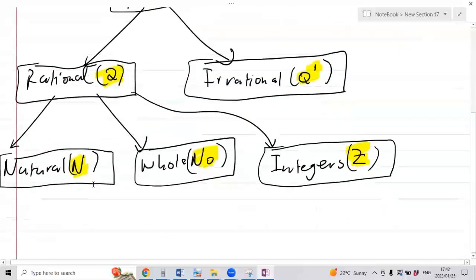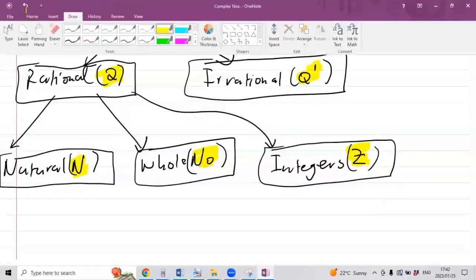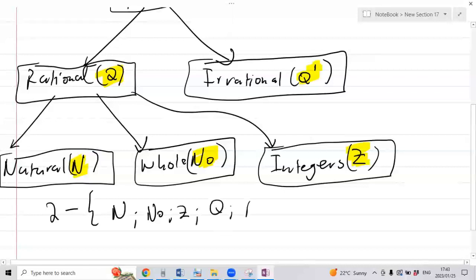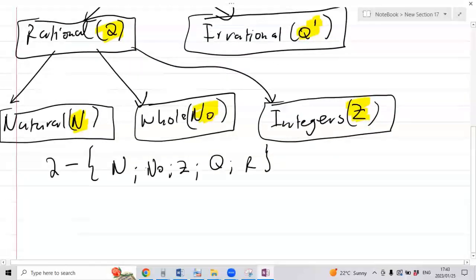So if you have a number like 2, for example, 2 would fall into the following categories. It's a natural number, it's a whole number, it's also an integer, and it is a rational number, so it's Q, and it's also real. Let's say minus 2.